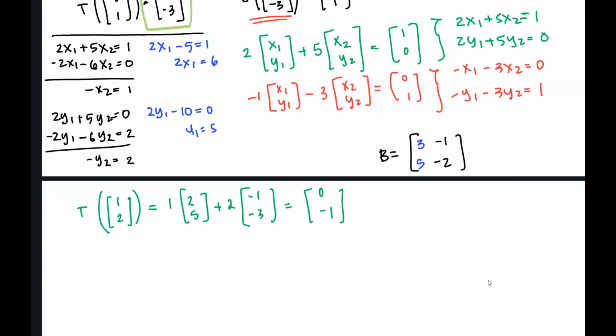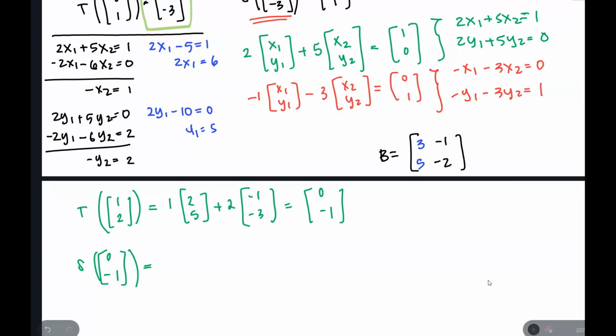Cute. Gorgeous. Now, if I do S of this, I'm crossing my fingers because I decided to do something real weird. This should go back to 1, 2, right? I should end up back at the vector I started with.